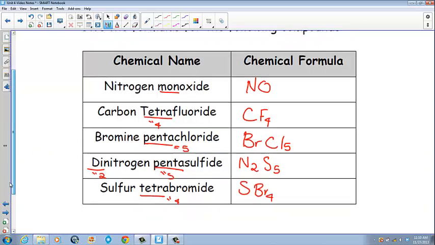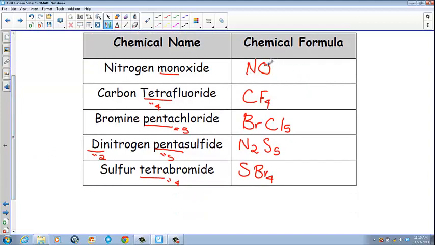And that is it. Very simple. I believe that the covalent compounds are the easiest to actually write formulas for because we don't have to do the crisscross method.